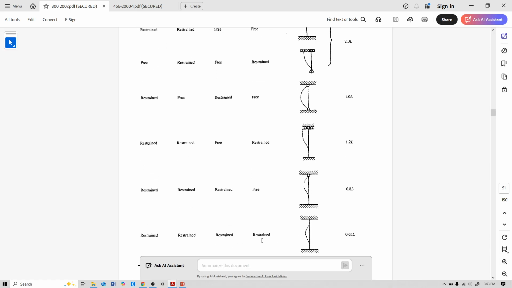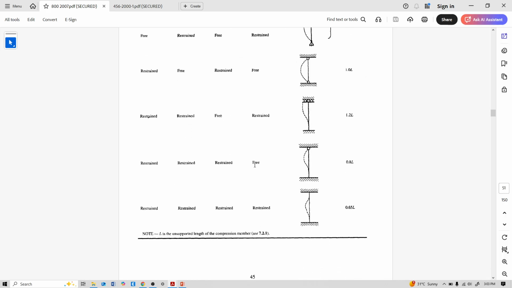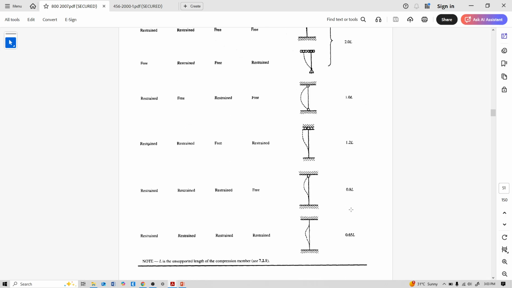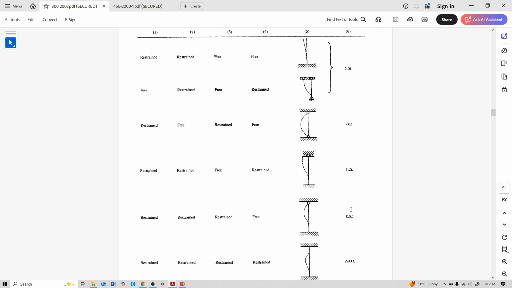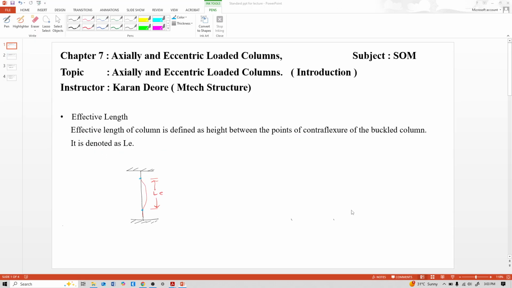See restraint: translation, rotation, all restrained, it is 0.65 L. So in that way the effective length changes as per the column length and the support conditions of the column.